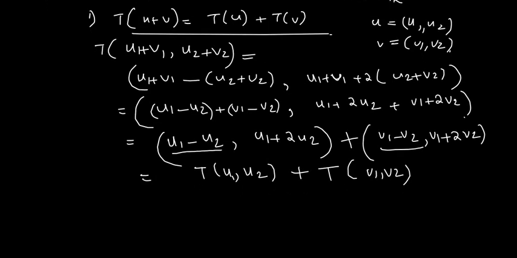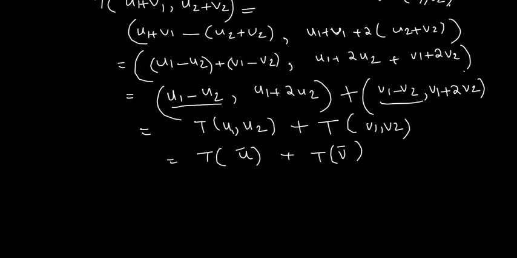We have taken u1 u2 as vector u, plus T of v, this is vector v. So the first condition is satisfied.